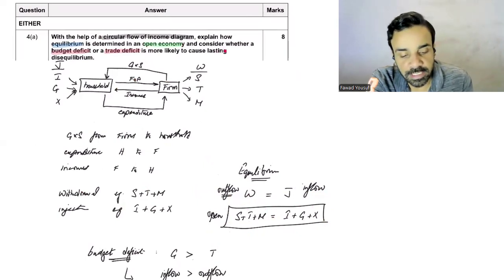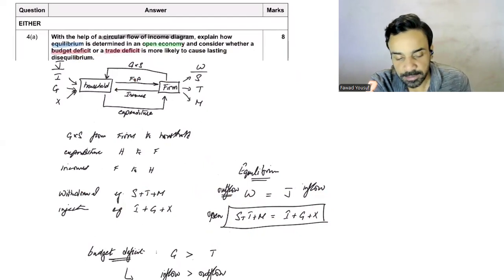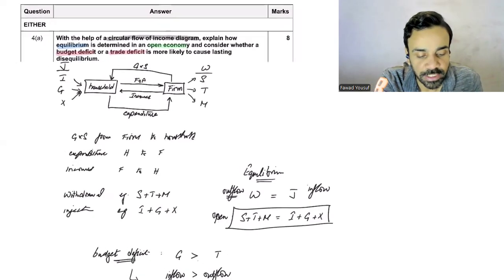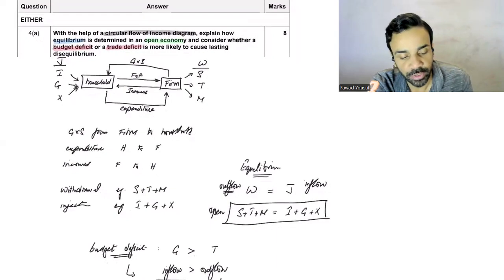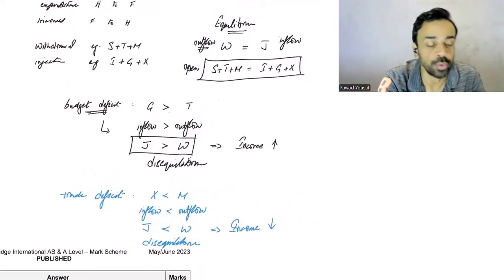But then consider whether a budget deficit or a trade deficit is more likely to cause a lasting disequilibrium, which means that I need to explain how budget deficit and trade deficit are going to have an impact on the equilibrium. That should have been my analysis. So that's what I'm doing.